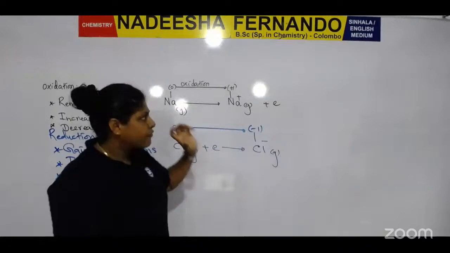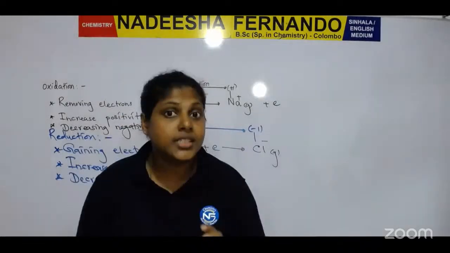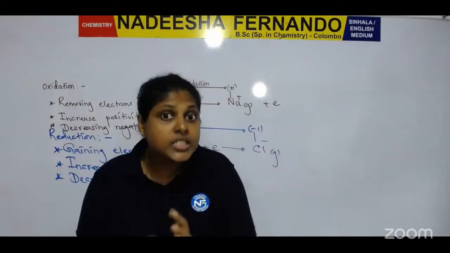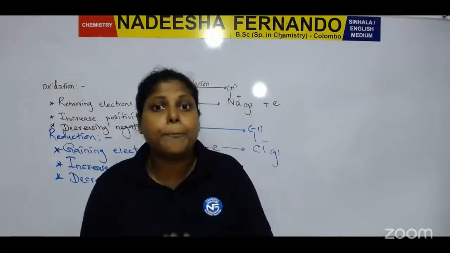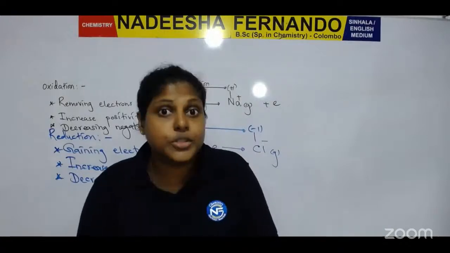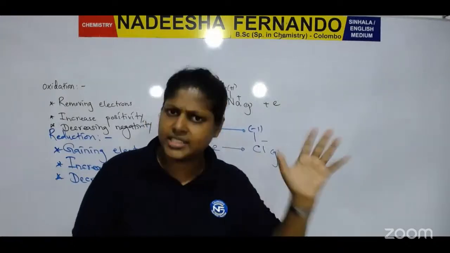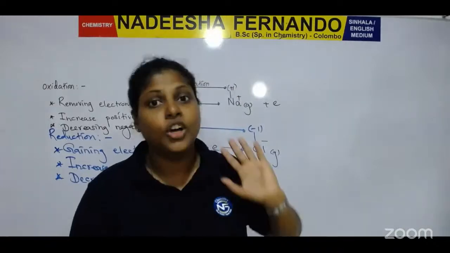Therefore, we give another name to the oxidized element or component: reducing agent. A reducing agent is the supporter which helps to reduce. Sodium is oxidized and releases electrons, which are taken by chlorine atoms as it goes through reduction.